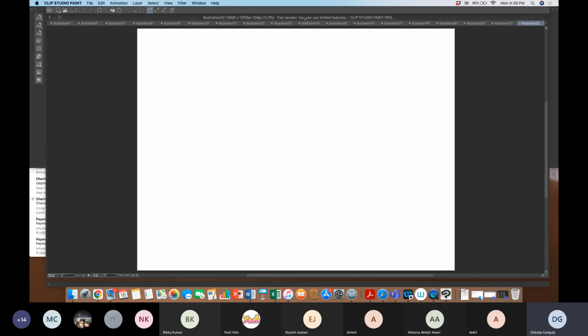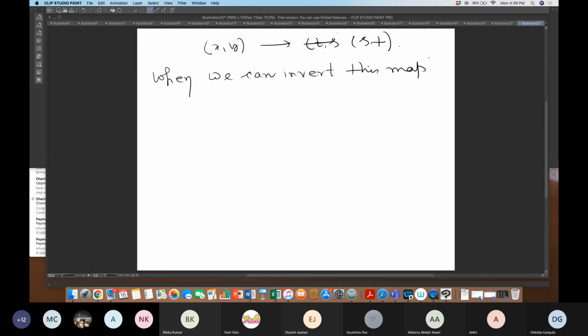How to do this? Anyone? You have to find x,y in terms of s,t. Now we want to invert it. When is it possible? When can we invert this map?